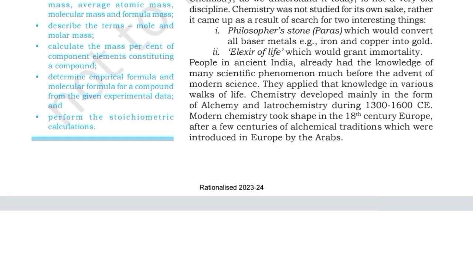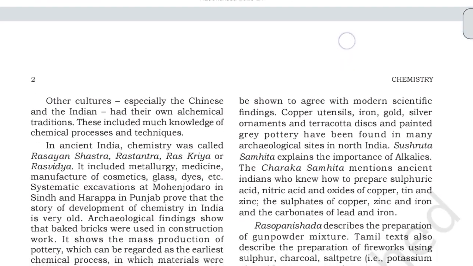People in ancient India already had the knowledge of many scientific phenomena much before the advent of modern science. They applied that knowledge in various walks of life. Chemistry developed mainly in the form of alchemy and iatrochemistry during 1300 to 1600 CE. Modern chemistry took shape in 18th century Europe after a few centuries of chemical traditions which were introduced in Europe by the Arabs.